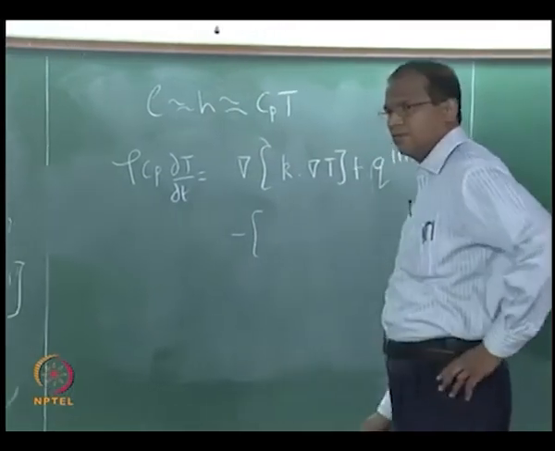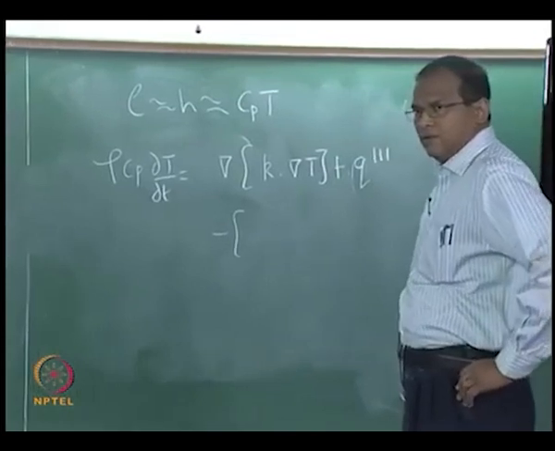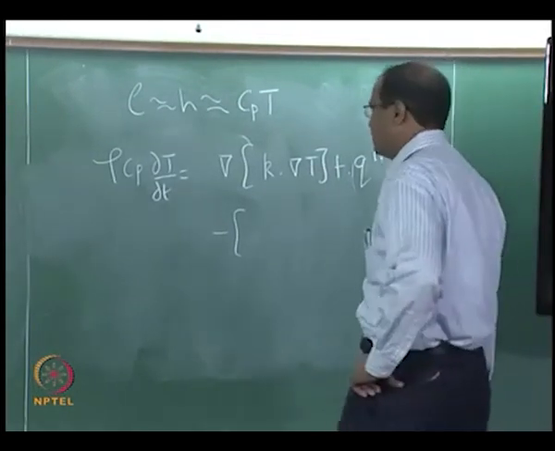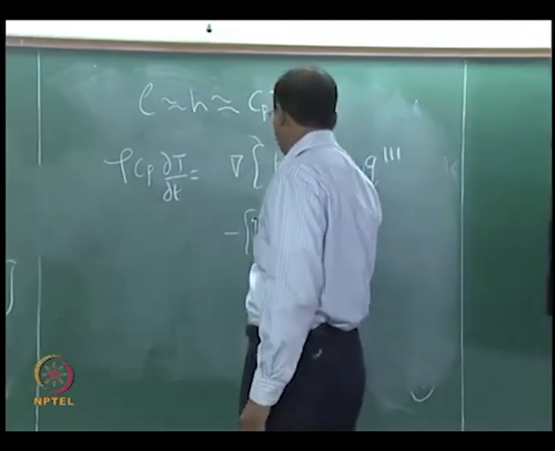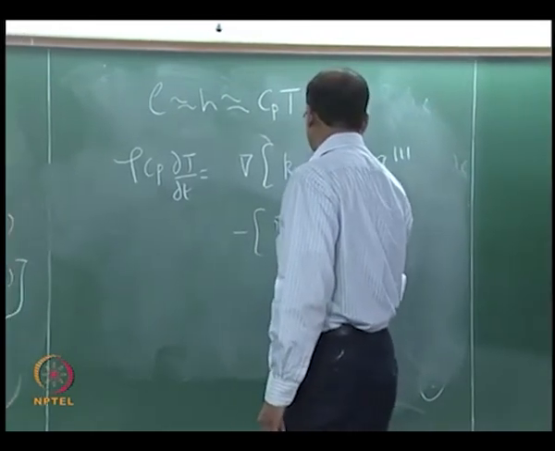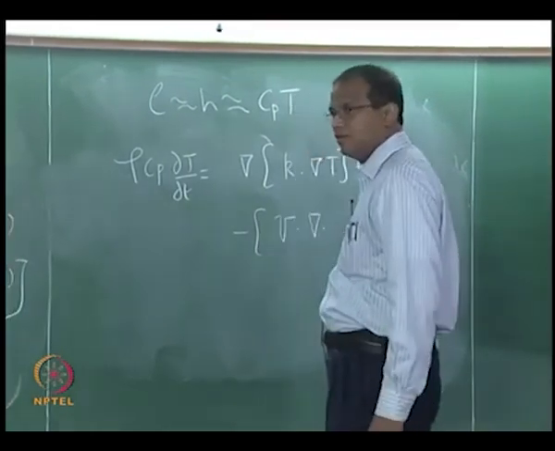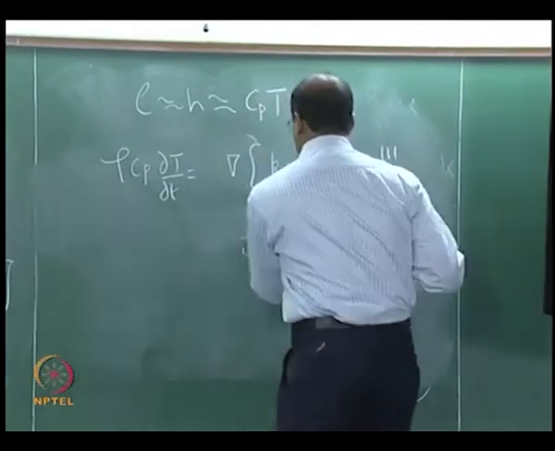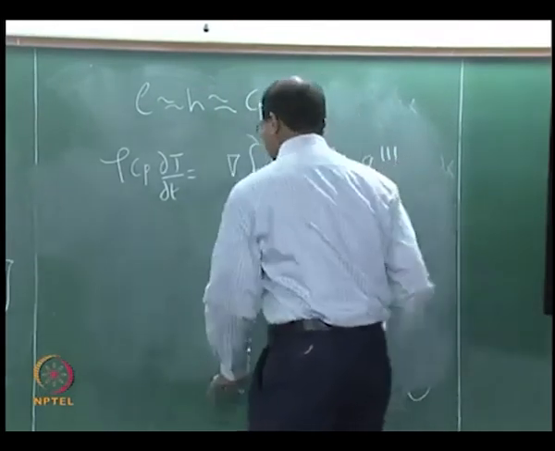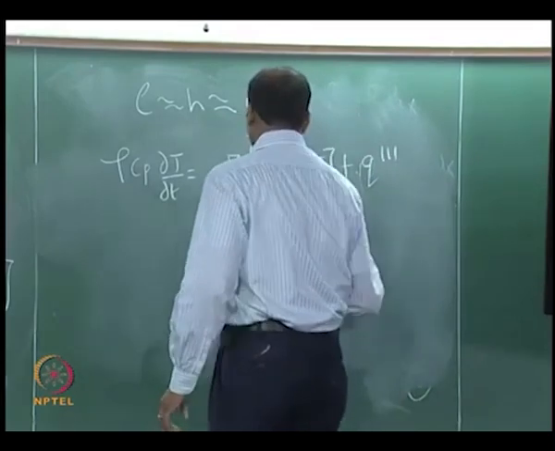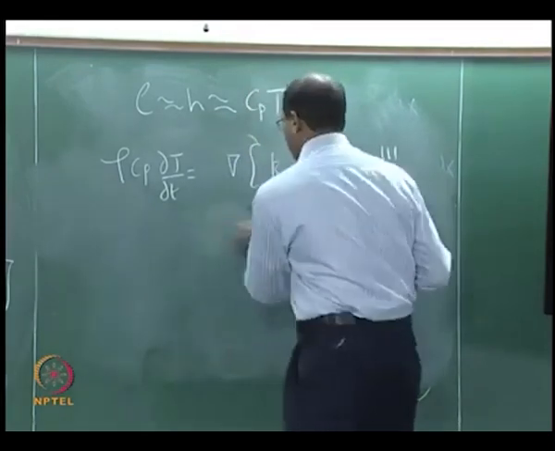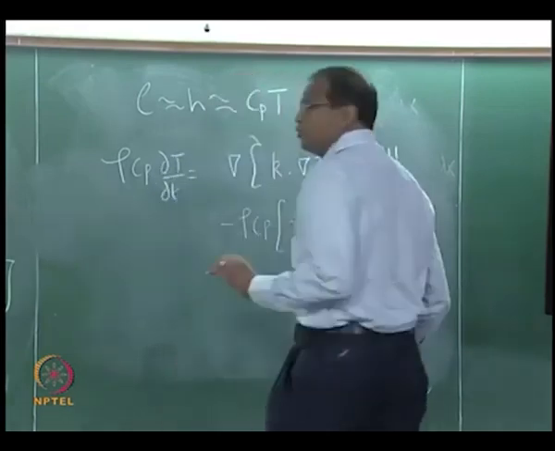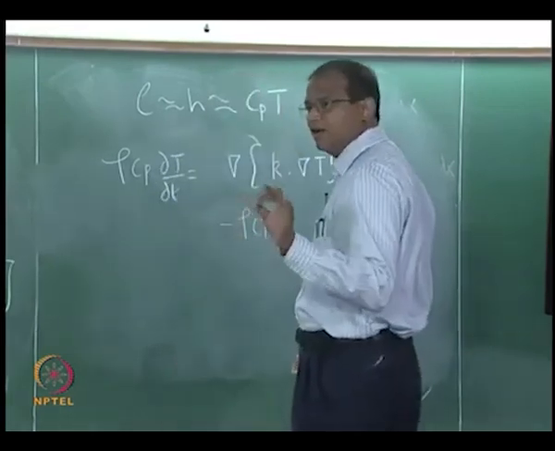minus. Now tell me V dot. First we will remove the rho, it will come out, minus rho Cp will come out, u dou t by dou x plus v dou t by dou y, correct, that is it.